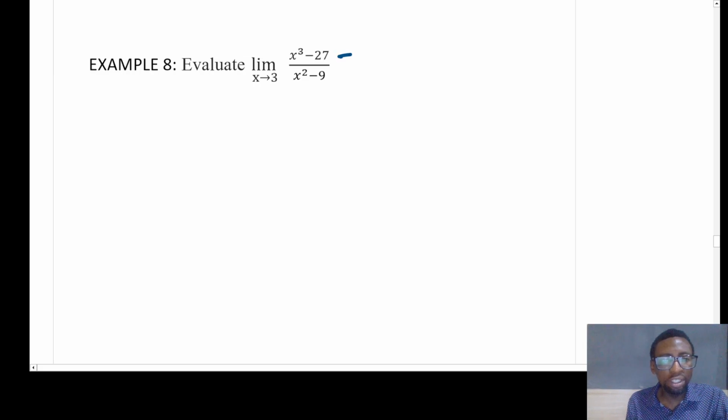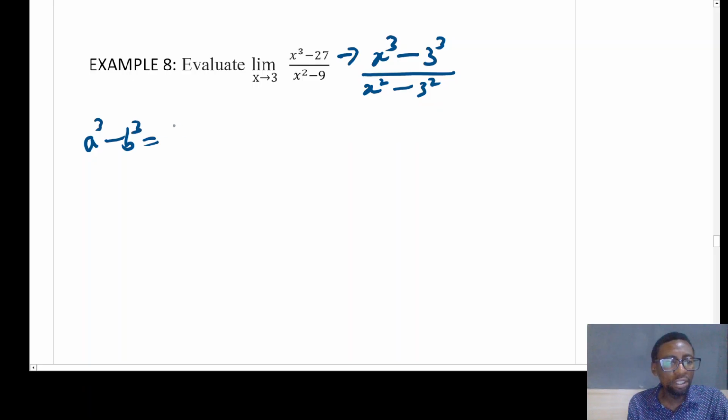This will have changed to x cubed minus 3 cubed, because 27 is 3 cubed. As usual, this is the difference of 2 squares. This is x squared minus 3 squared. So let's record the difference of 2 cubes, a cubed minus b cubed. The formula is a minus b, bracket a squared plus ab plus b squared.